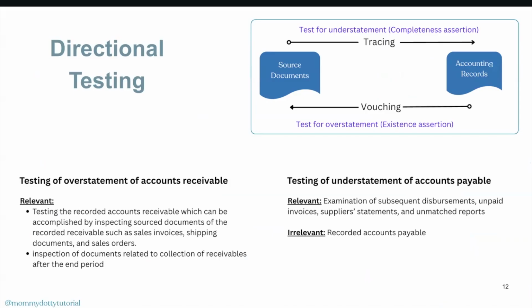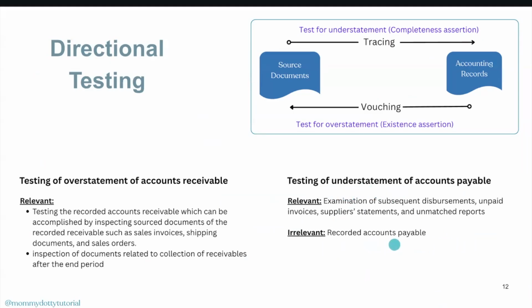Examples. When testing for understatement of accounts payable, testing recorded accounts payable would not be relevant because we're talking about understatement.